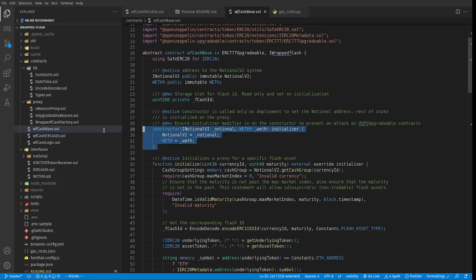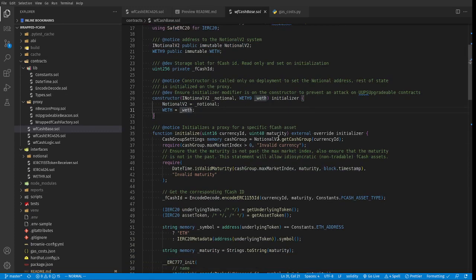One is the constructor, which sets the two immutable addresses that the implementation will hold, which is the address of the primary Notional proxy, where all the lending and borrowing is going to occur, and then WETH, which we use as a compatibility layer for interacting with lending and borrowing ETH.